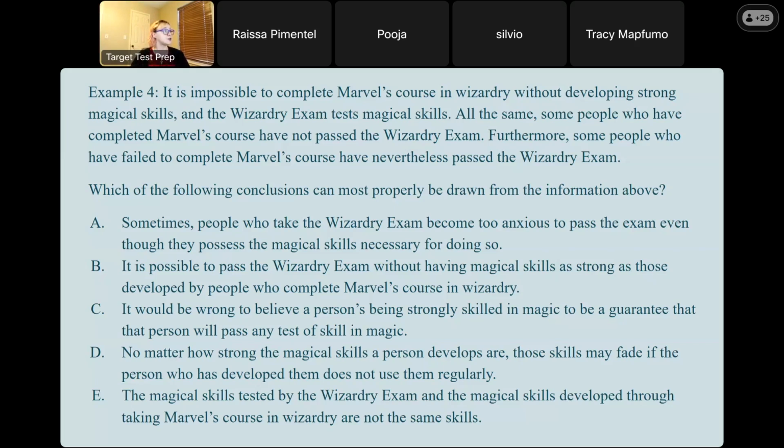I am sure that it is a strong skill, but in the case of B, we don't know that it is possible to pass the wizardry exam without having magical skills as strong as those developed by the people who complete the Marvels course, because the Marvels course requires people to develop strong magical skills in order to get through it, but they could also develop stronger magical skills in some other way and pass it. And for that reason, B is not fully supported, if that makes sense.